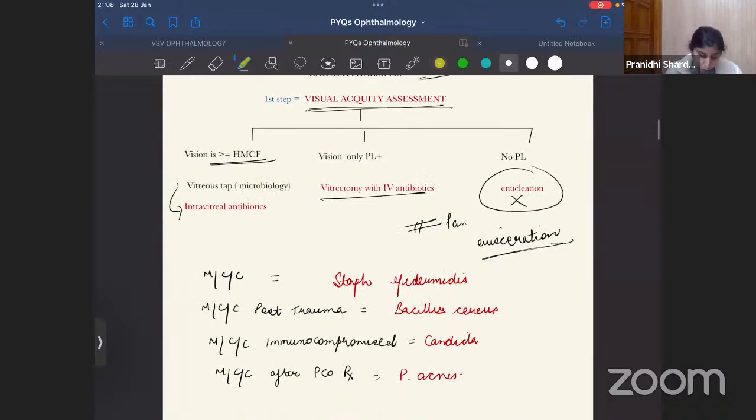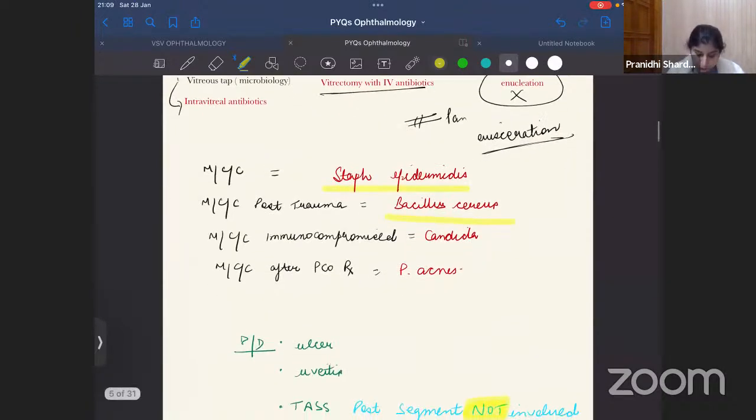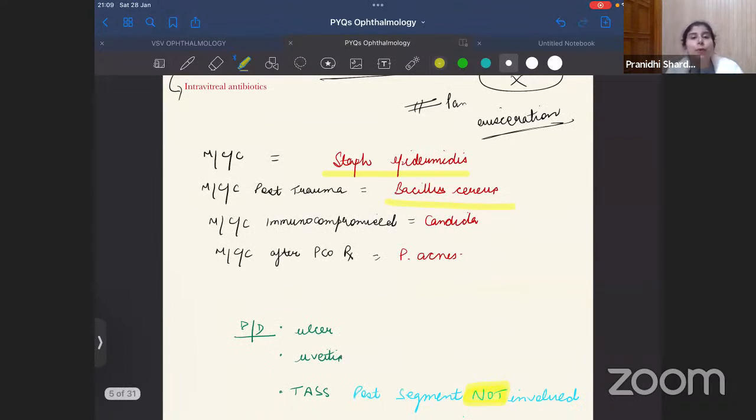Now, the most common cause of endophthalmitis is Staph epidermidis. But if the question asks about post-traumatic endophthalmitis, the answer will be Bacillus cereus. If the most common cause asked is in an immunocompromised patient, the answer will be Candida.